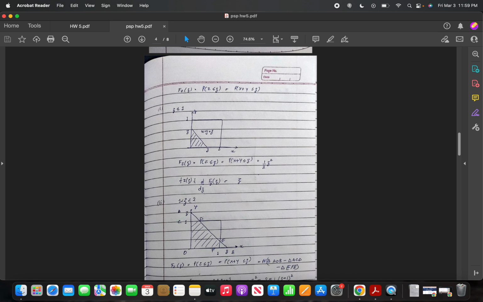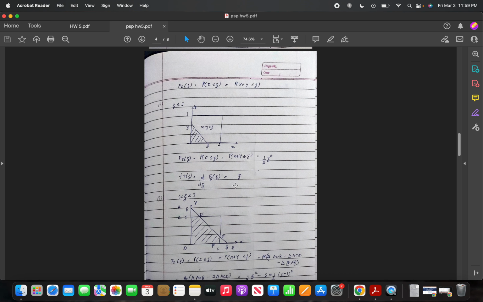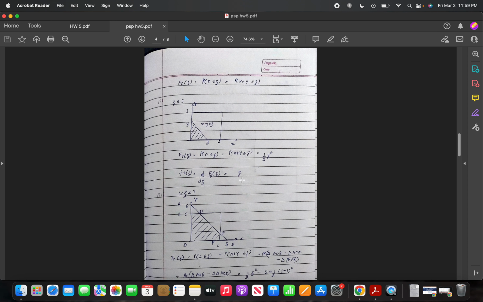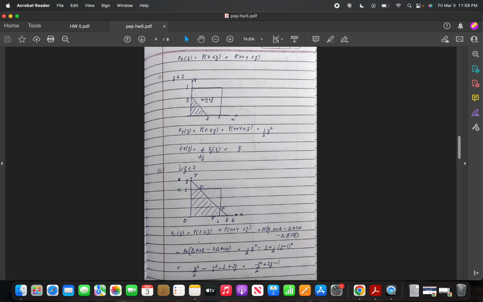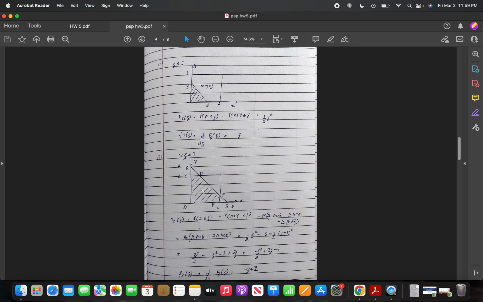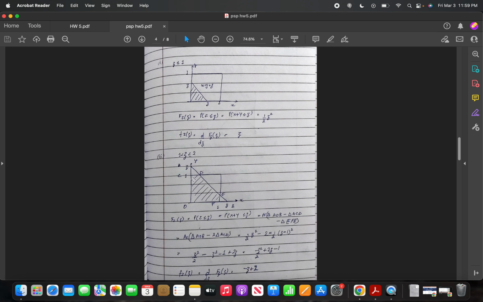Now to find the PDF, we can simply differentiate the CDF with respect to Z, and this will be equal to simply Z.